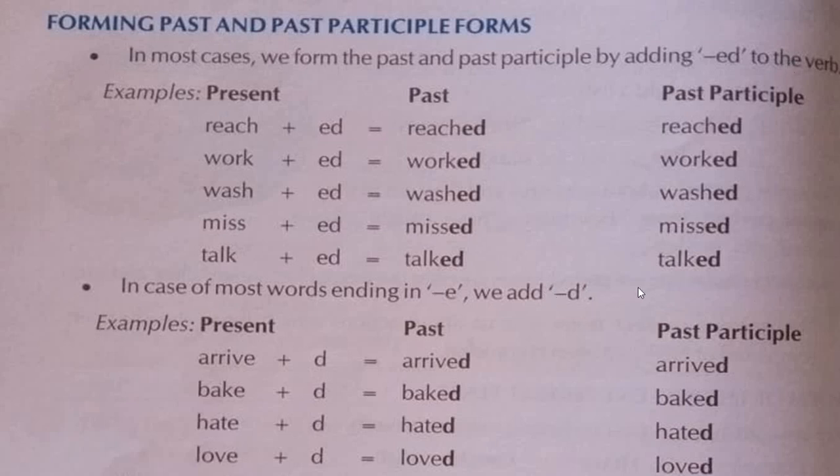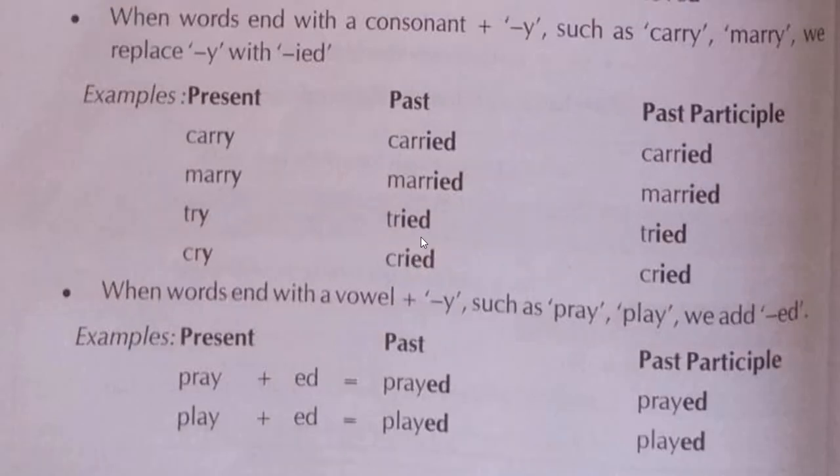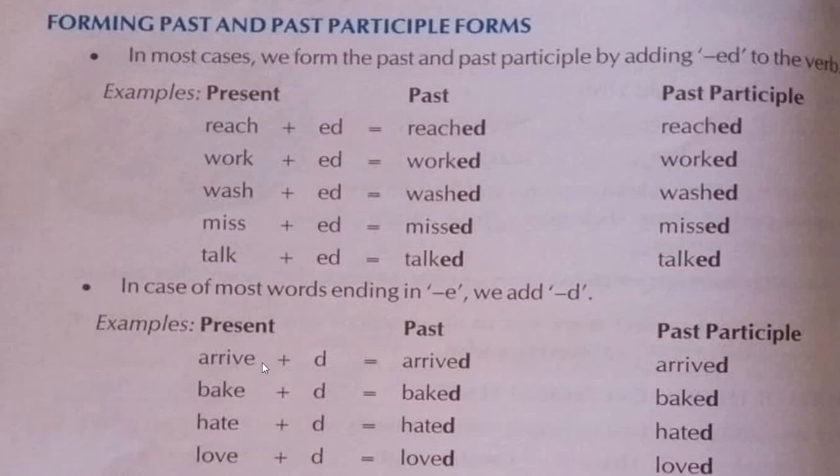How is it formed? In most cases, the past participle is formed just by adding ed at the end. And wherever there is an e, that also you have learned. Suppose arrive, e is already there, so we need to add only one d.